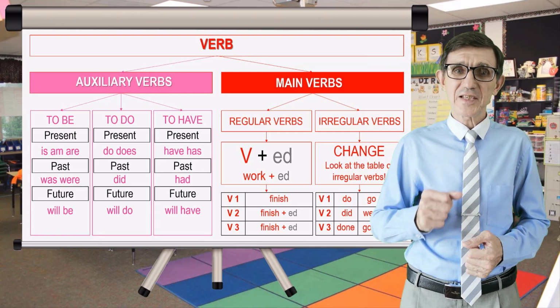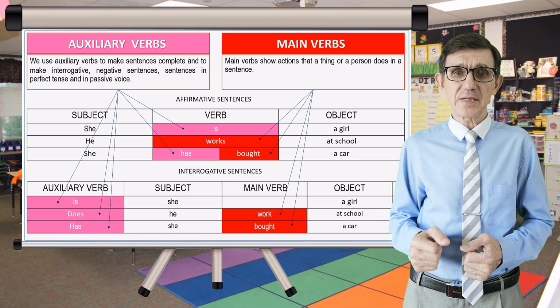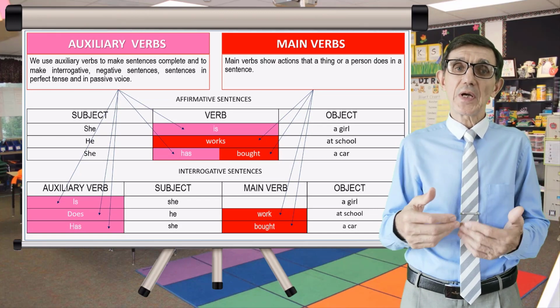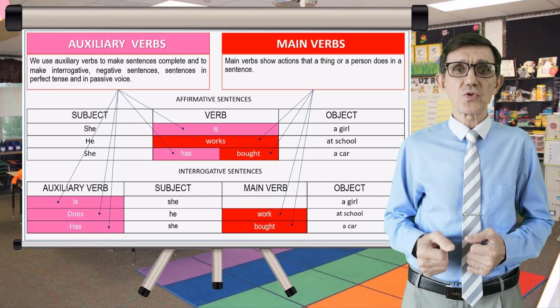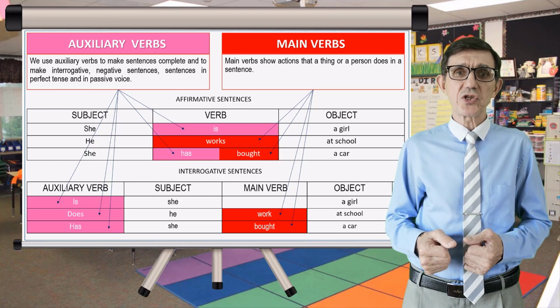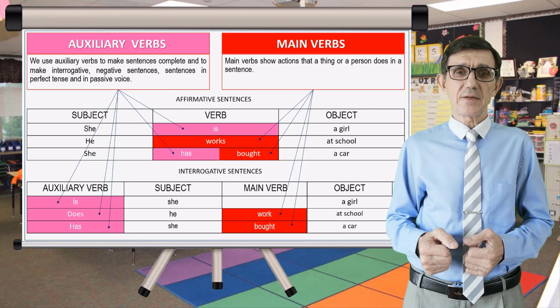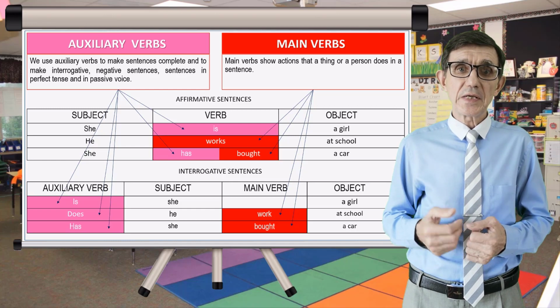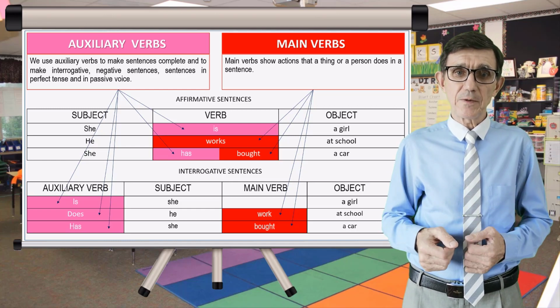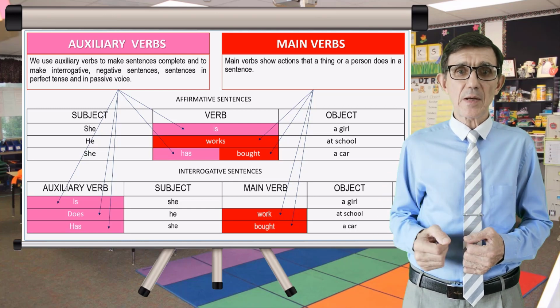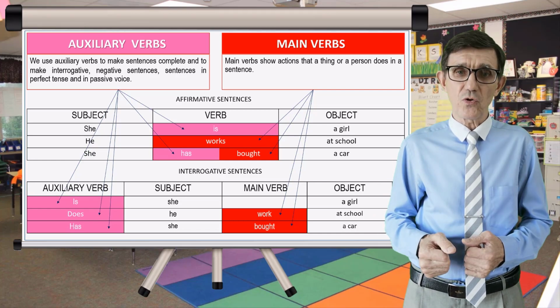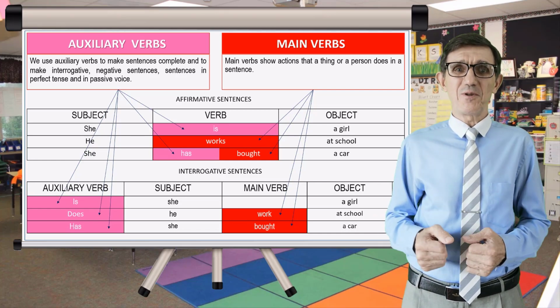In the next slide, you see some sentence examples. You can see their structure, and you can also see how a sentence structure is changed in the interrogative sentence. The auxiliary verb is pink, the main verb is red. You see that some sentences have only an auxiliary verb. She is a girl.